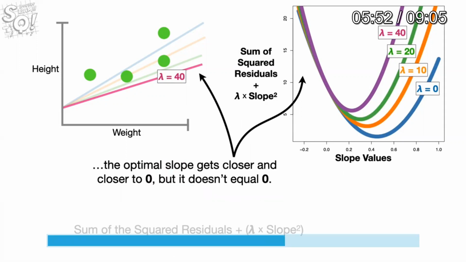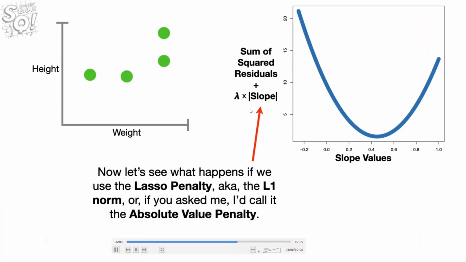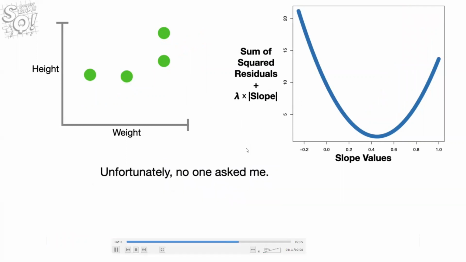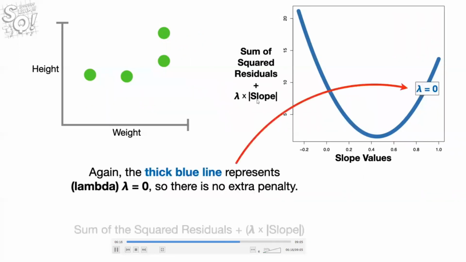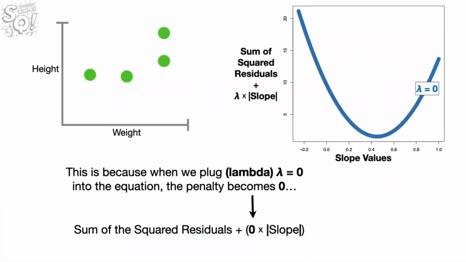Now let's repeat the same procedure with absolute penalty, or let's say the L1 norm, what we call Lasso regression. If we use the same procedure, for lambda equal to 0, we'll get the same line as my linear regression curve, right?